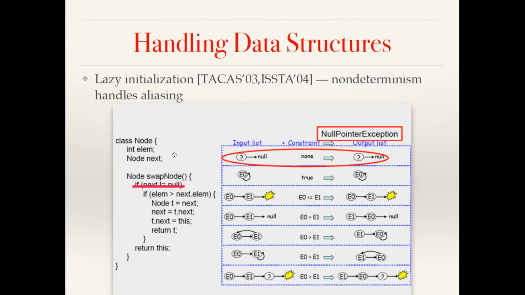And then applying the symbolic analysis over this method will generate the results shown on the right-hand side, which basically summarize all the possible input-output configurations of lists for this code.